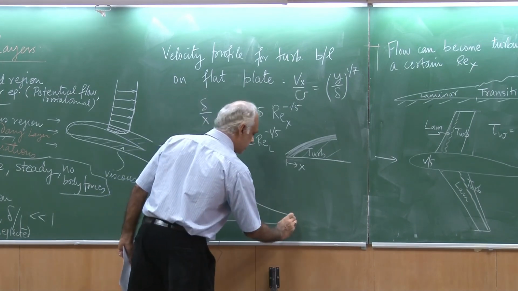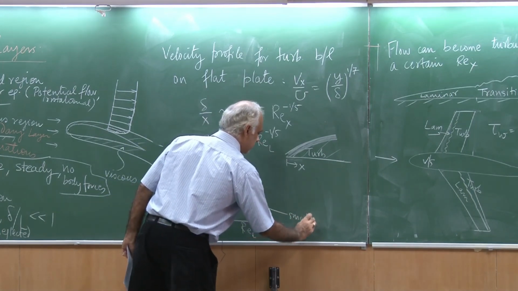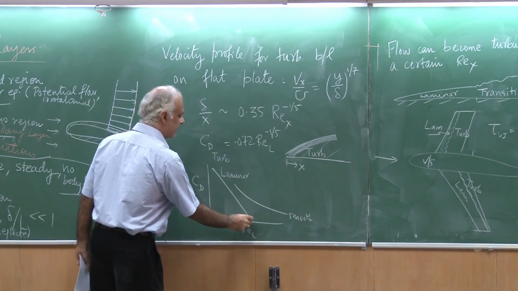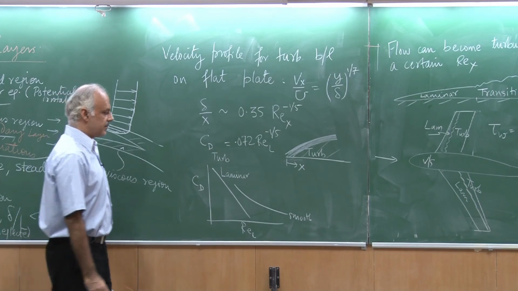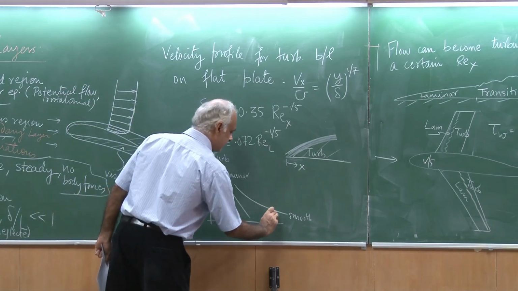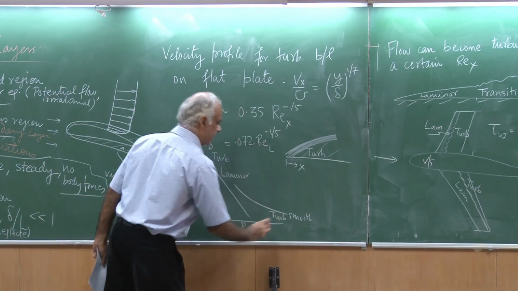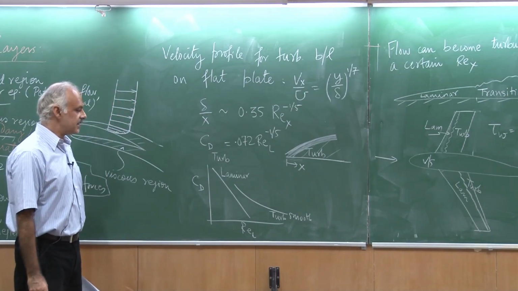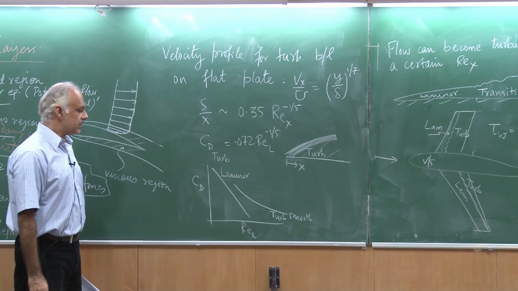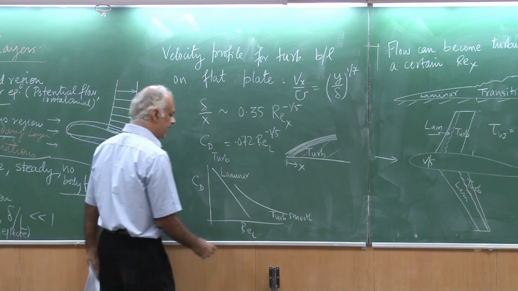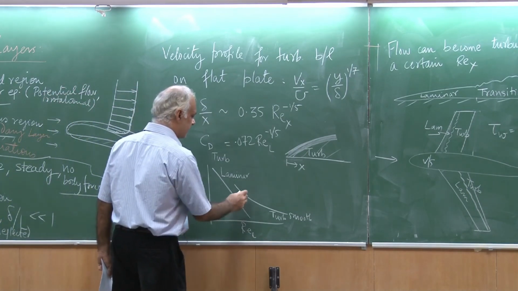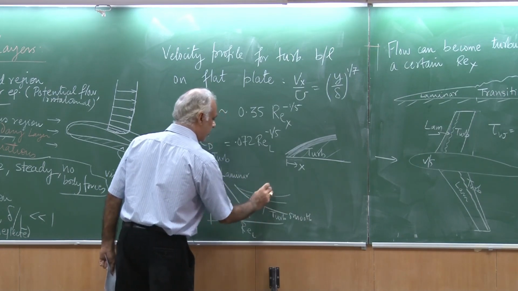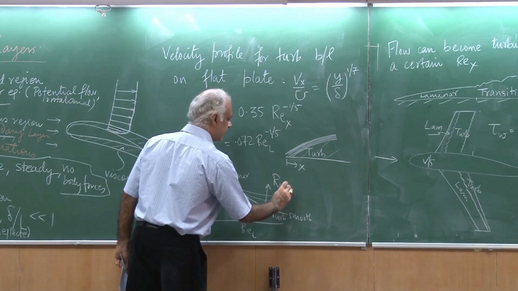This is for smooth. So, at a given Reynolds number, my turbulent flow has a much larger skin friction resistance compared to a laminar. And then if I take roughness, I would get different curves. So, this is how I have increasing roughness.